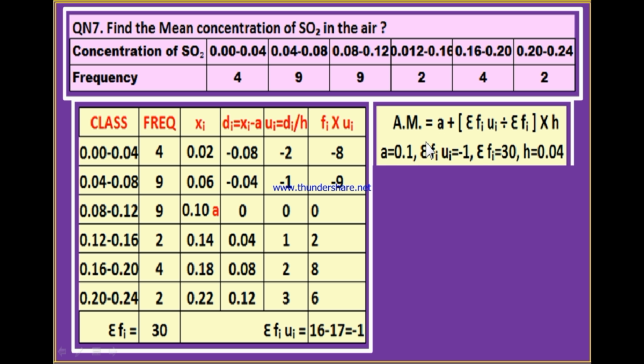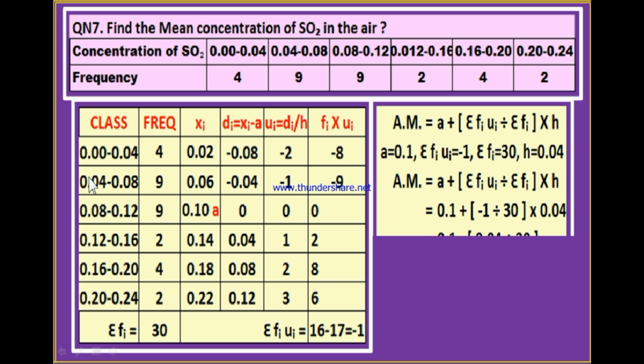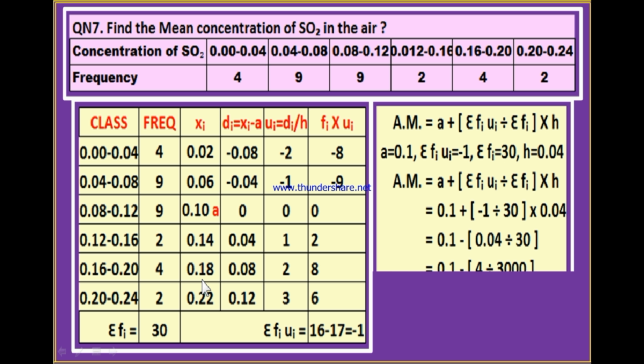Here, A value is 0.1, sigma fi ui is minus 1, sigma fi is 30, and H means the difference between any two successive lower boundaries, or any two successive upper boundaries, or the difference between any two successive mid values.